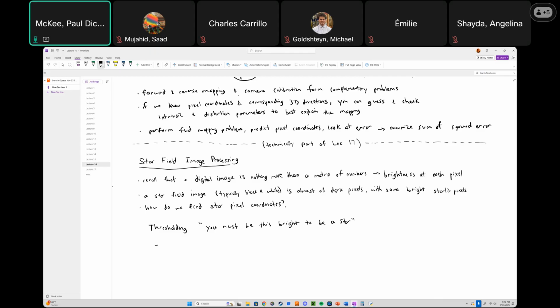The idea behind thresholding is set all pixels below some value to 0. Set all pixels above some value to 1. Or I guess 255. Basically, all the way dark or all the way bright.